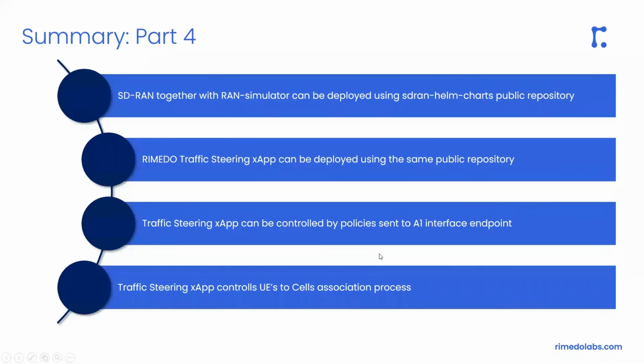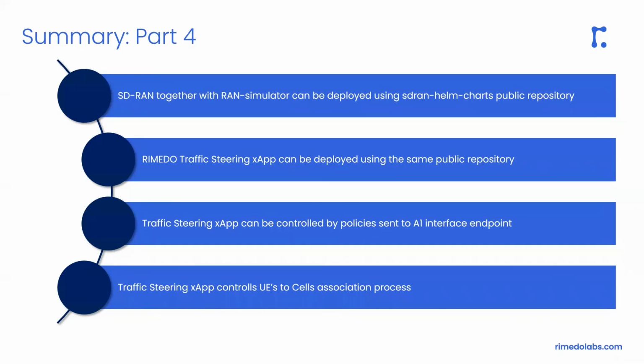And just to sum up what we showed in this demonstration, we can deploy all components of SD-RAN together with this RAN simulator using a public repository called SD-RAN Helm charts.